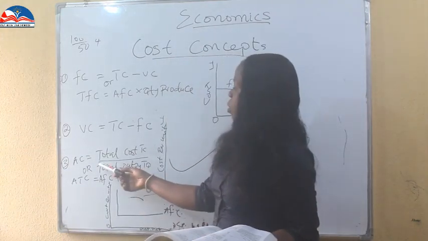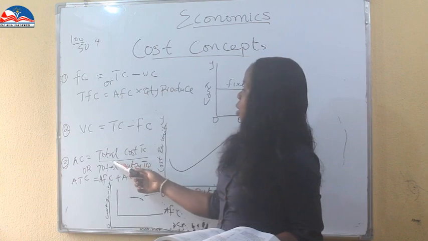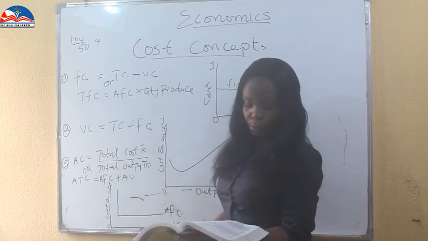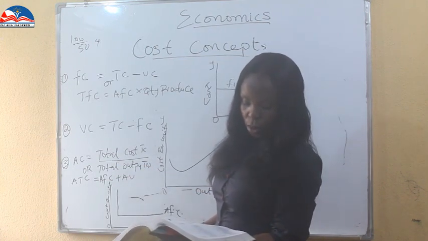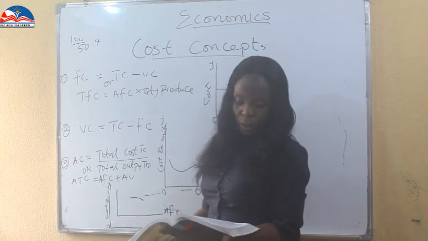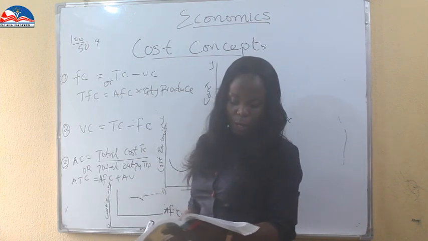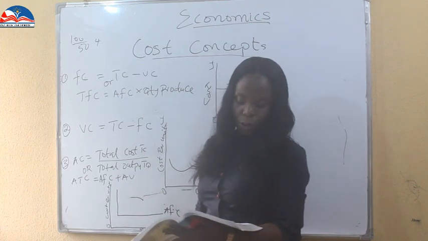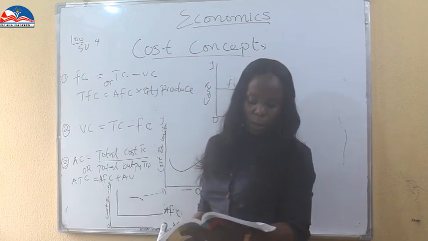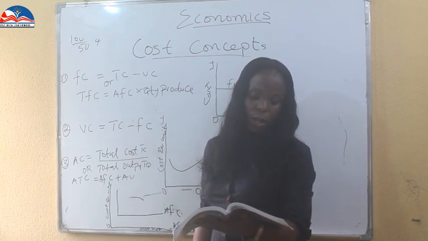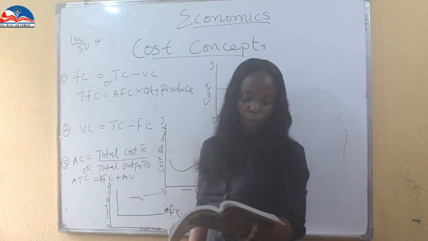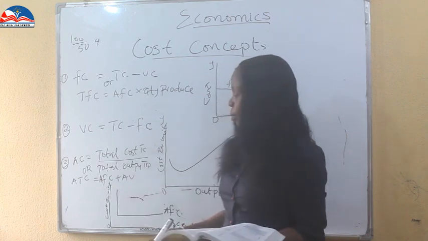So average cost here is total cost divided by total output. Average cost can be said to be the cost per unit of output, or the total cost of production of a commodity incurred by an organization divided by the number of units of output.